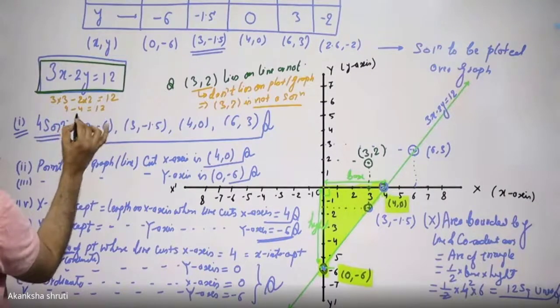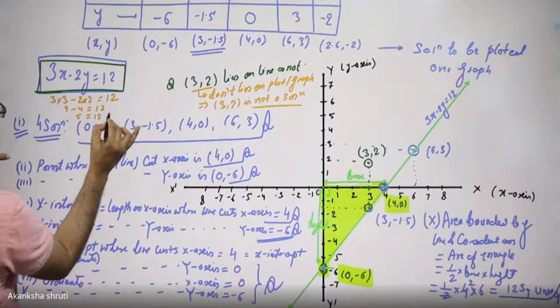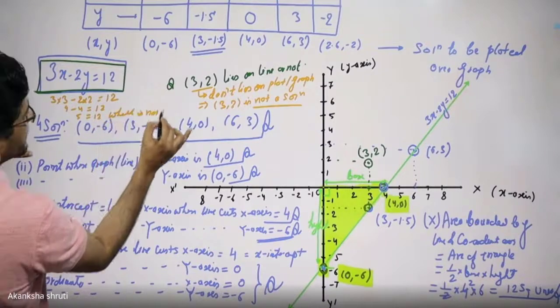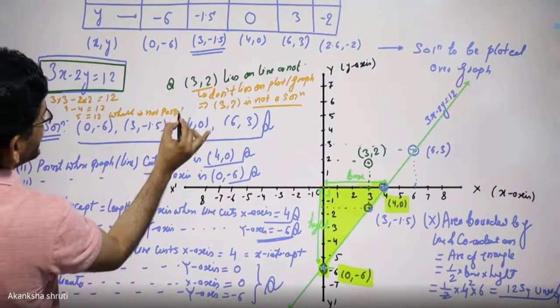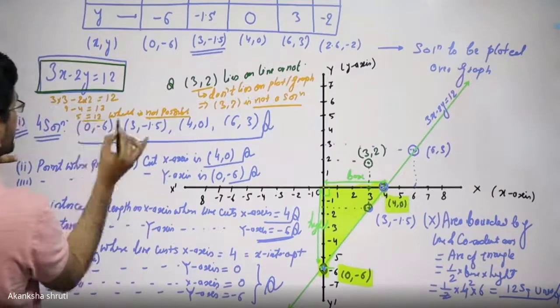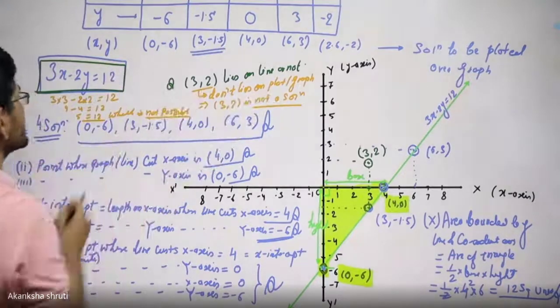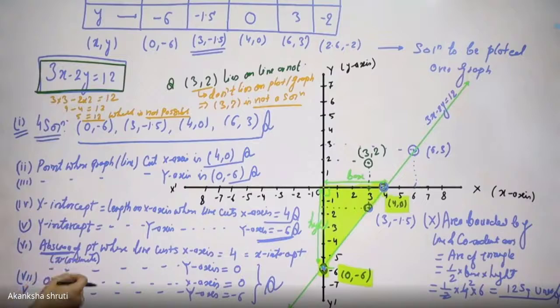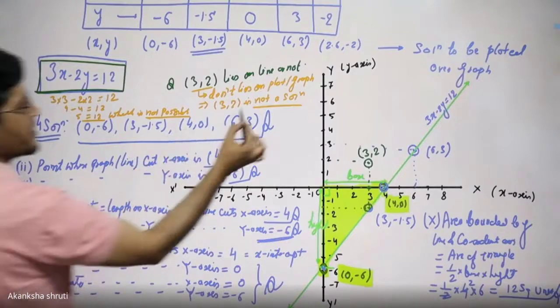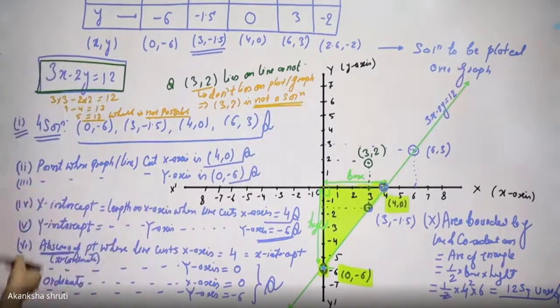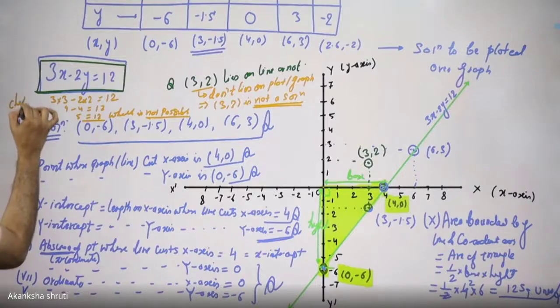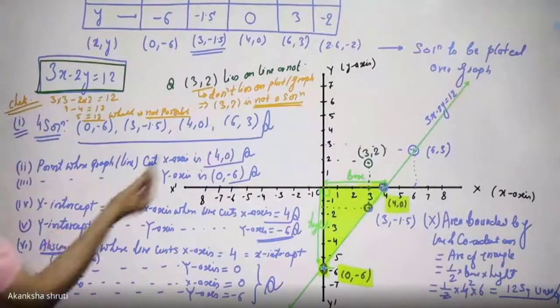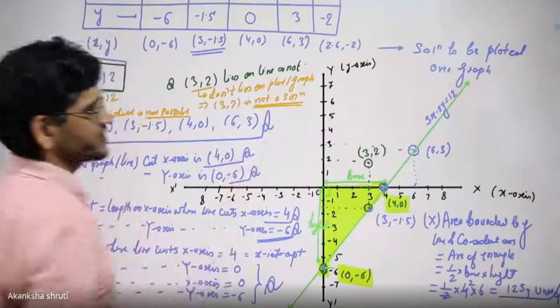Left hand side becomes 5 equals 12, which is not possible, because 5 can never be equal to 12. Means this is not a solution. It is not satisfying this. So no solution. Okay? Means the same thing. The same thing may be checked algebraically, or from this graph it can be determined.